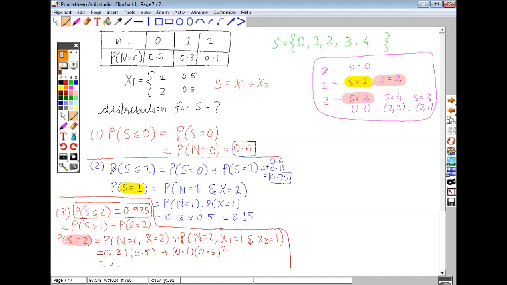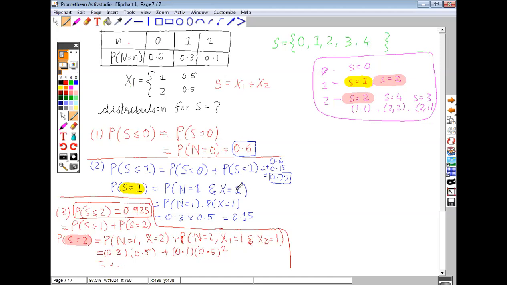Done. Next, we look at the probability that I will observe the aggregate loss of less than or equal to 1. So, अगर less than or equal to 1 देख रहे हैं तो उसमें 0 आ गया और 1 आ गया, right? So 0 का तो हमको आंसर पता है 0.6, but 1 का नहीं पता है. So ठीक है, 1 का निकालते हैं. So what are the chances that I will observe my S as 1? So I look at here. I only see a 1 here. So my N is 1 and my X is 1.